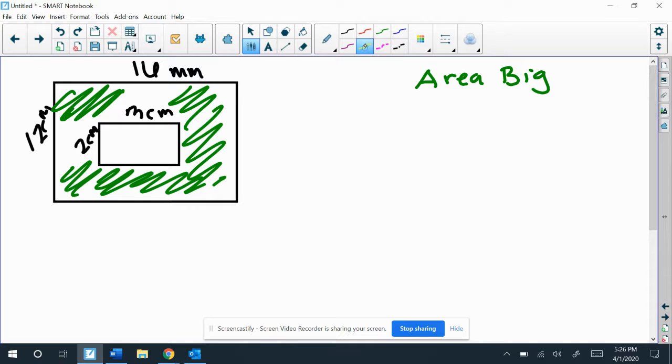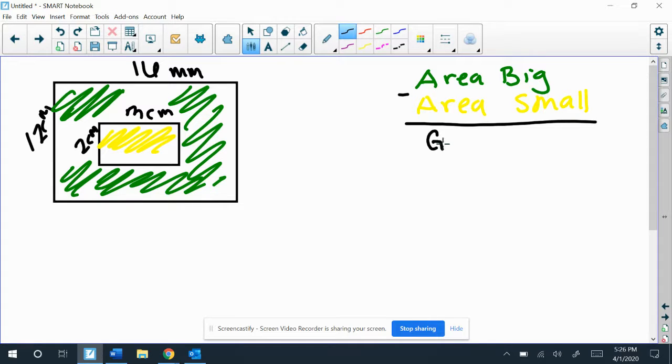Step two is to find the area of the small one, this sandbox if you want. And then the final step is to subtract the two so that you get the area that you want, the grass area.